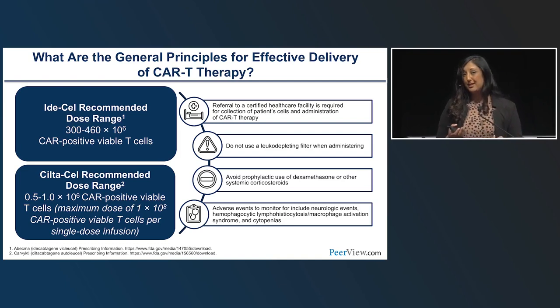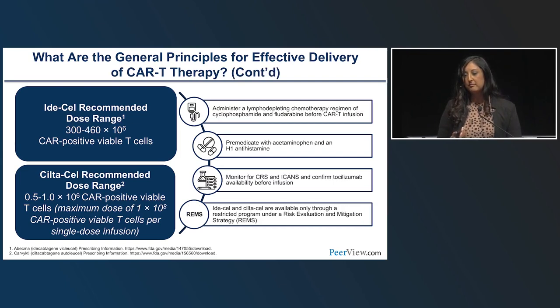But there are some patients that can get HLH, where it's more than just regular CRS, and macrophage activation syndrome, and really trying to find ways to minimize that and finding the patients who are at higher risk of that. And then really having that communication between the center that does the CAR T versus the community physicians who are taking care of those patients. That is very integral to making sure patients have good outcomes.